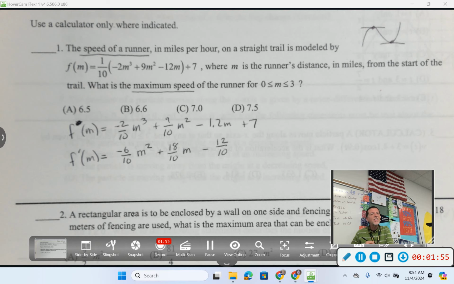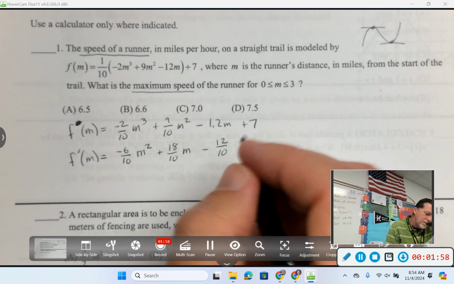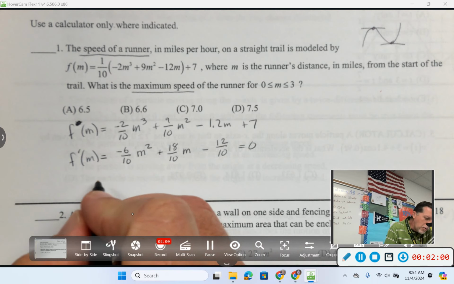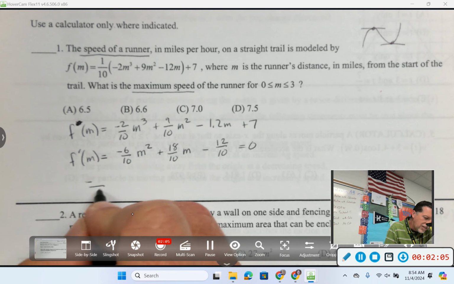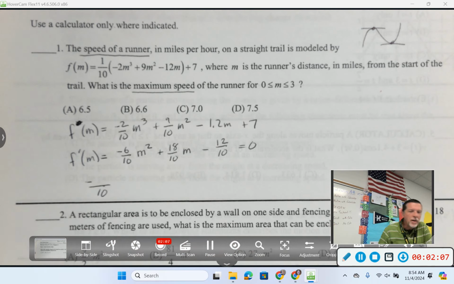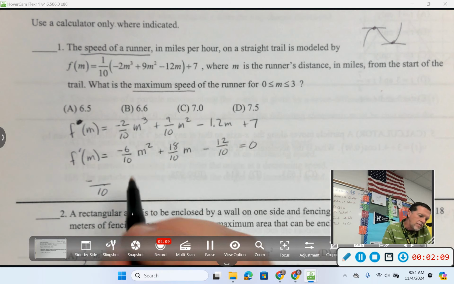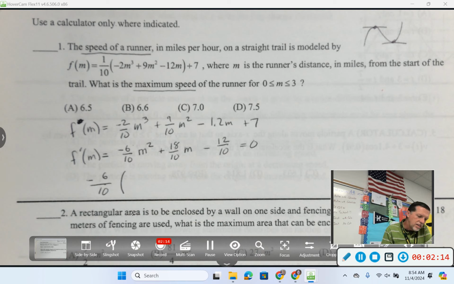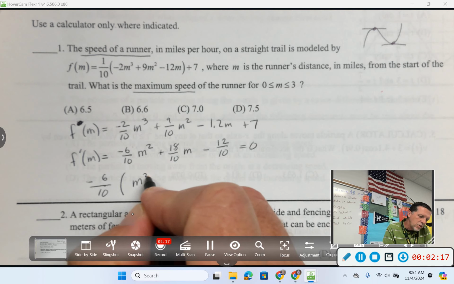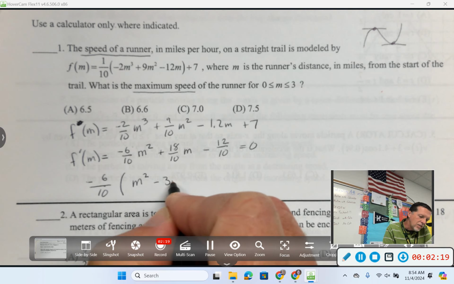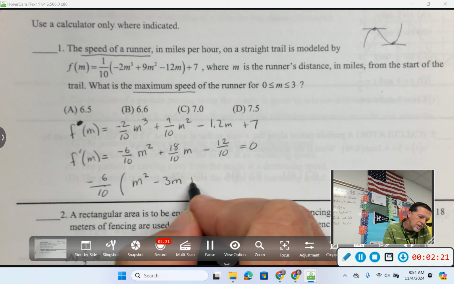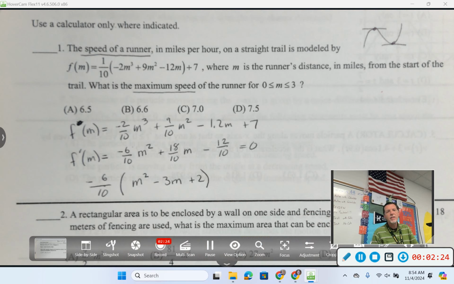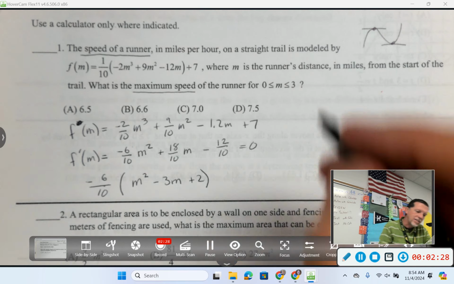So I want to set that equal to 0, but before I do that, it might be wise to factor out definitely a negative, a 10 from the bottom, and a 6 from the top. So m squared minus 3m plus 2. That's a lot easier to deal with.